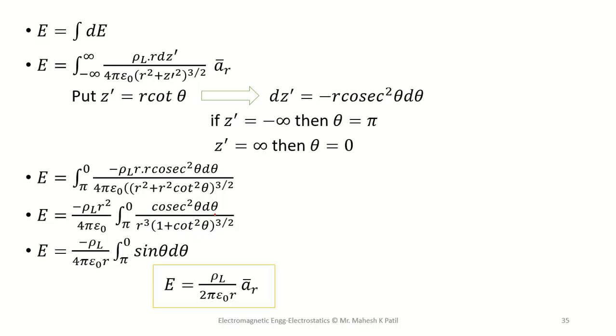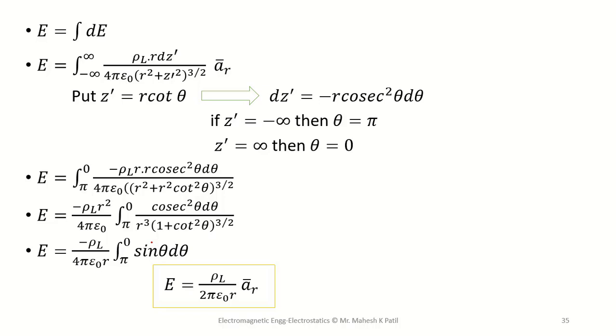If we simplify this entire integration and cancel r square upon r cube, then we'll get E as rho L upon 4 pi epsilon naught r, integration pi to 0 sin theta d theta. The integration of sin theta is minus cos theta, and by putting the limits from pi to 0, we get this integration answer as minus 2.